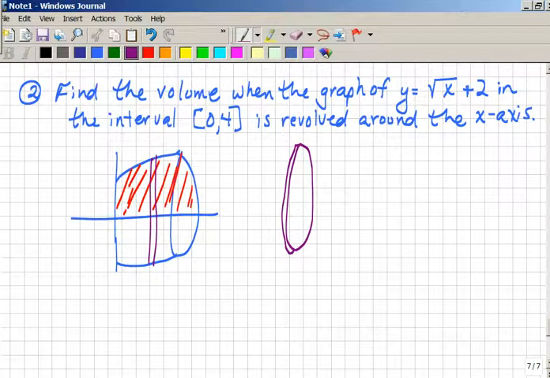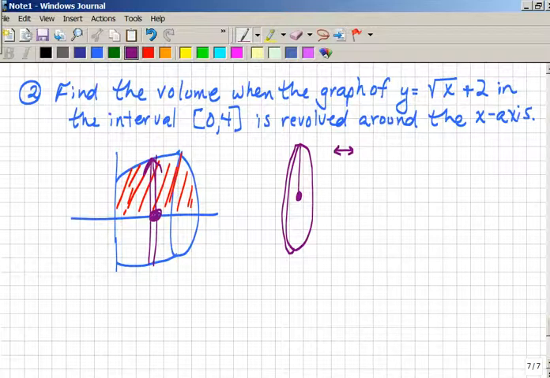So, to find the volume, we need to know mainly one thing, and that is the radius. Well, the radius is from the axis to the outer edge. Now the thickness of that coin, that little thin cylinder, this time is going left and right. It's going in the x direction.